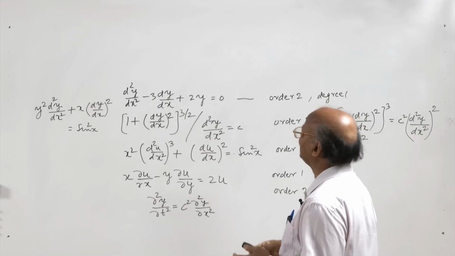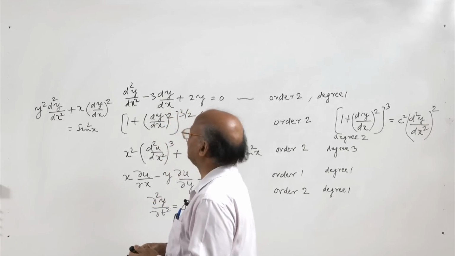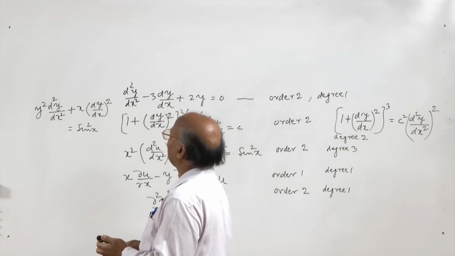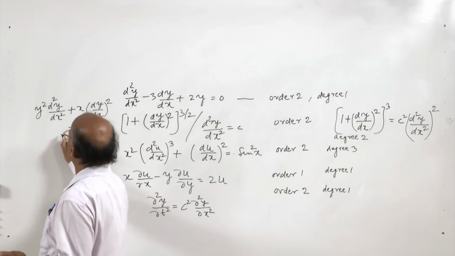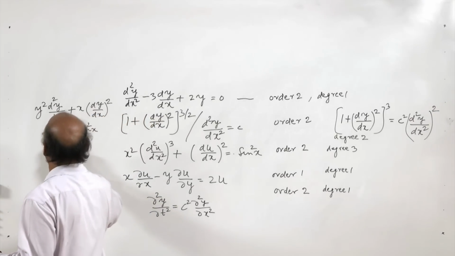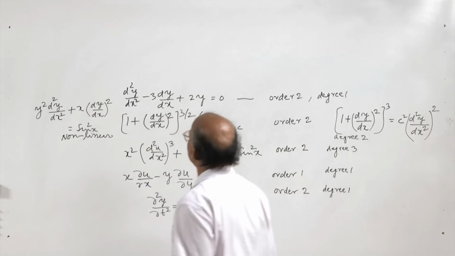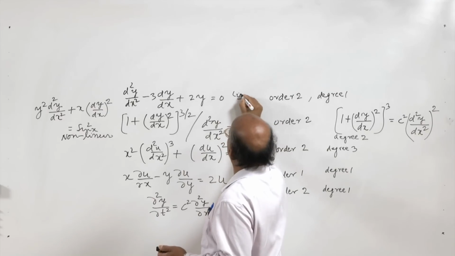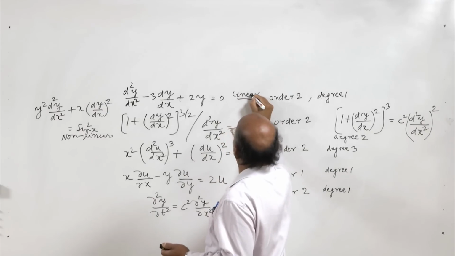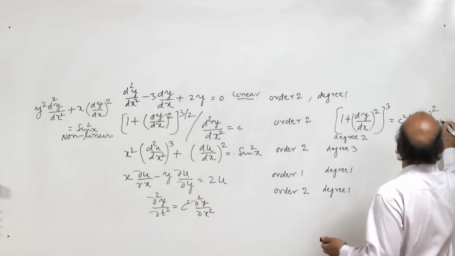It is a second order differential equation, and we see that there is a product of y square, that is the dependent variable y square, and the derivative of y, that is d square y over dx square. So it is a non-linear differential equation. A differential equation which is not linear is said to be a non-linear differential equation. Now here, if you see, this is a linear differential equation. This is a non-linear differential equation.